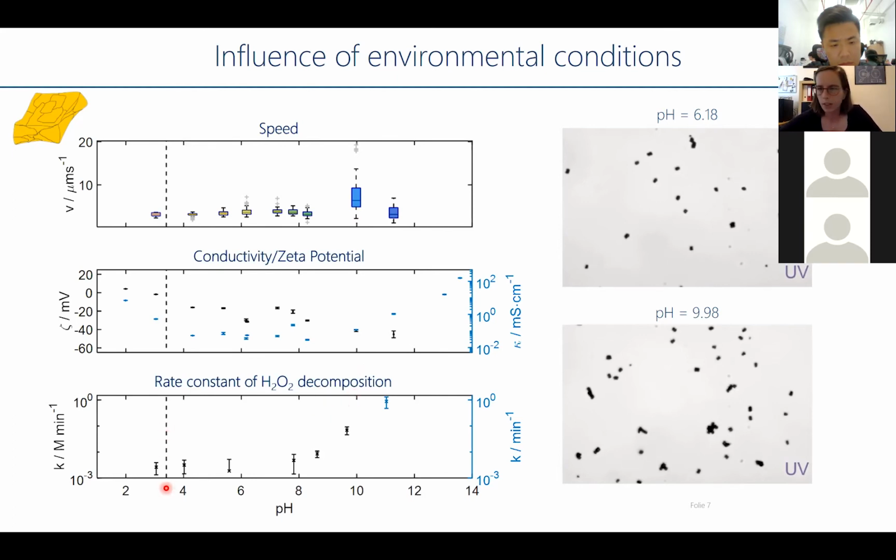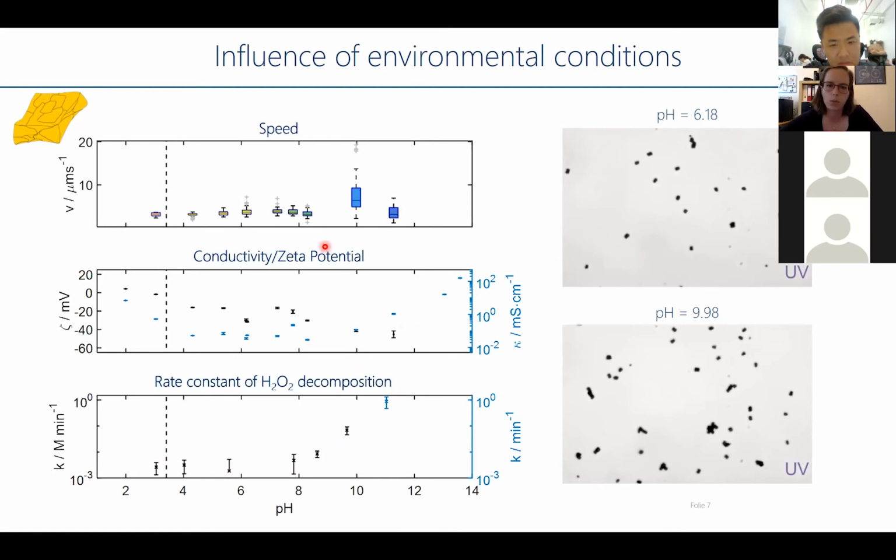You can see the rate constants or the kinetics of the reaction is more or less in the same order of magnitude for everything that is acidic and for neutral conditions up to pH 8, where the reaction starts getting faster. The rate constant increases. This just means the catalytic activity of the particles increases. And of course, if they are more active, they also will move faster.